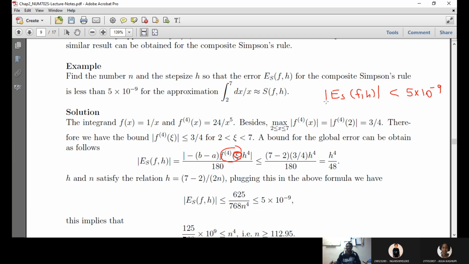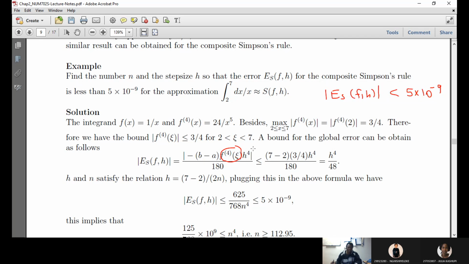So for this to be less than that, it is enough to impose this to the upper bound of this expression, and I'll make sure that the psi, which is unknown, does not appear in the upper bound. Even if I need to extract my n from this, I cannot get rid of the psi, which is unknown.